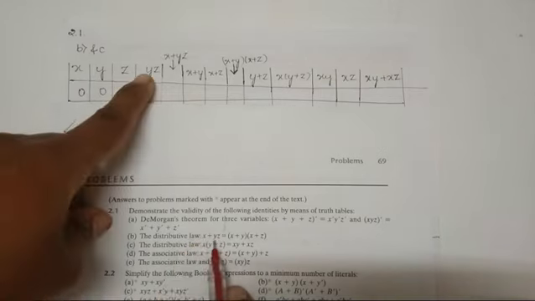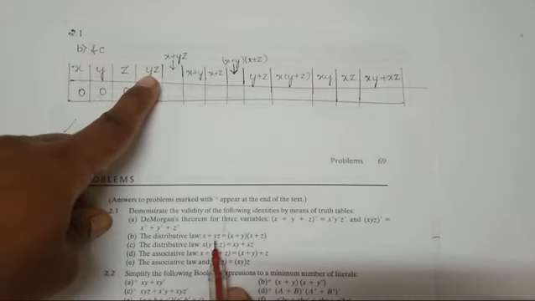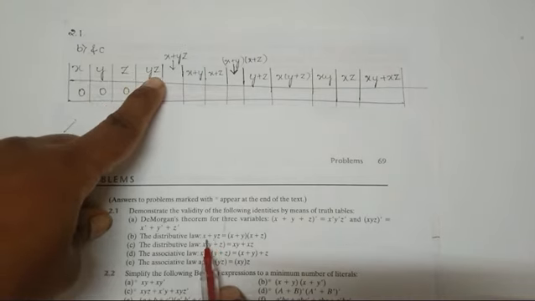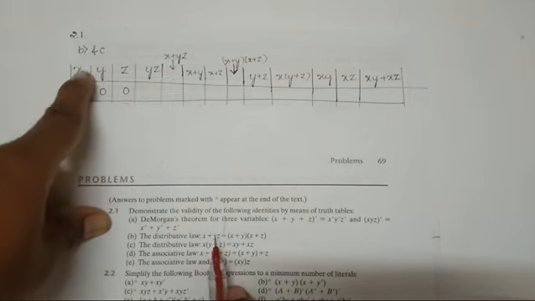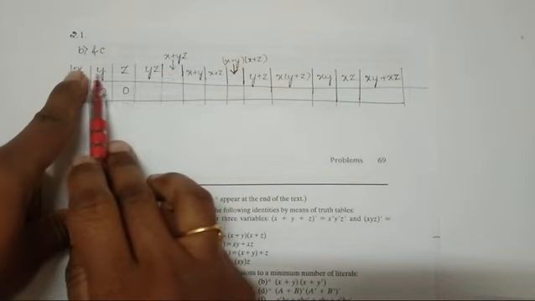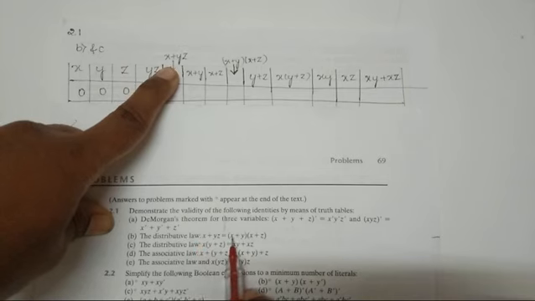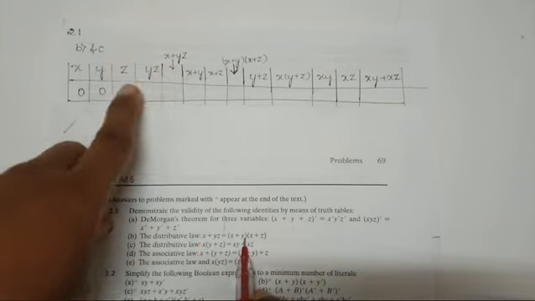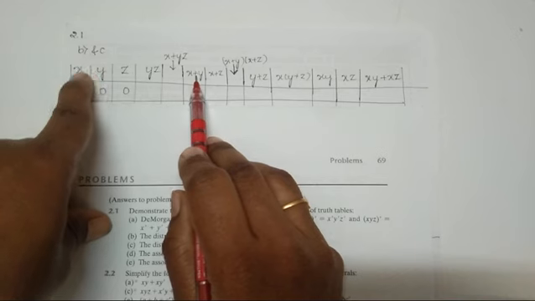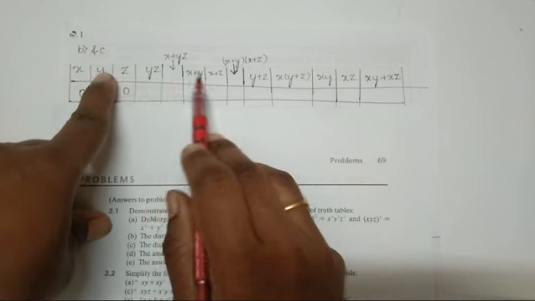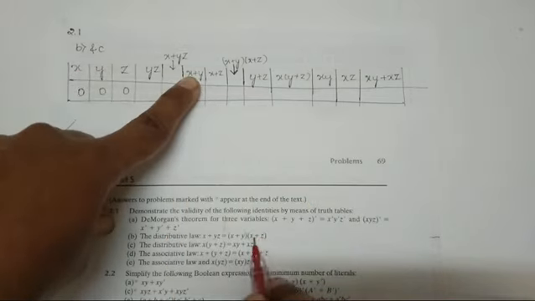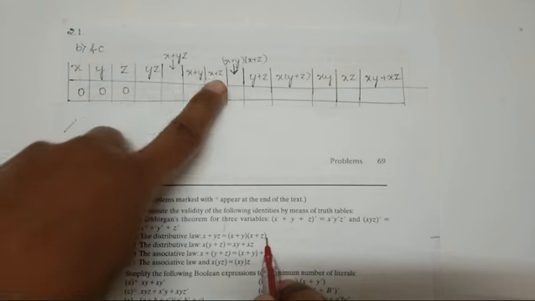Yz I need, so I have taken yz. Okay, next column is yz. Next, x plus yz. X is here, yz will be here. I can do the OR operation. Okay, this will be done. And the next, x plus y I need. So x is already here, y is here, so do the OR operation. Next, x plus z. X is here, z is here, do the OR operation.